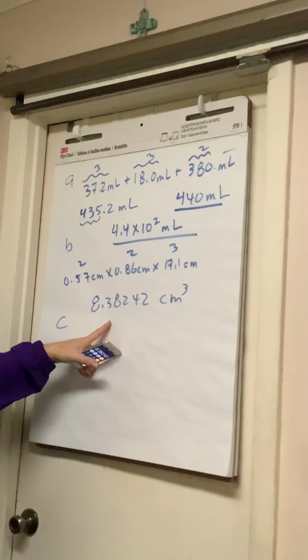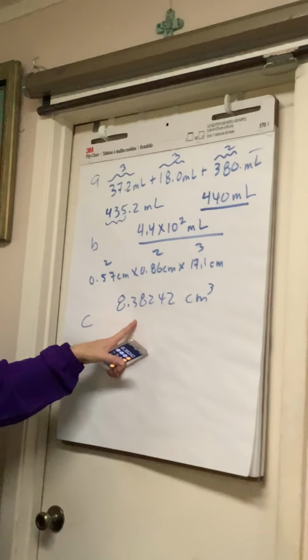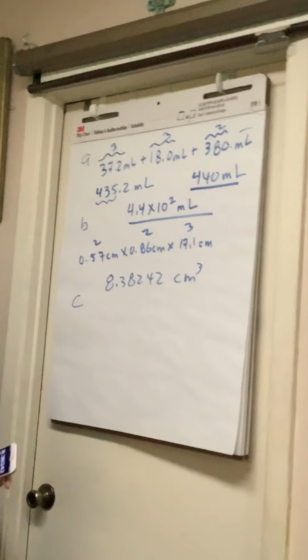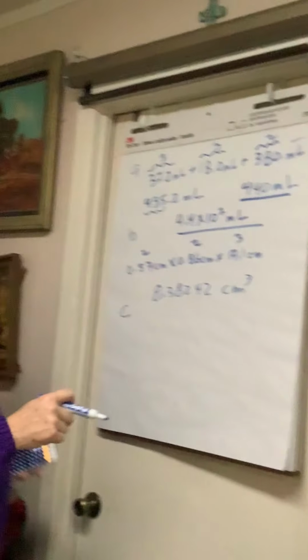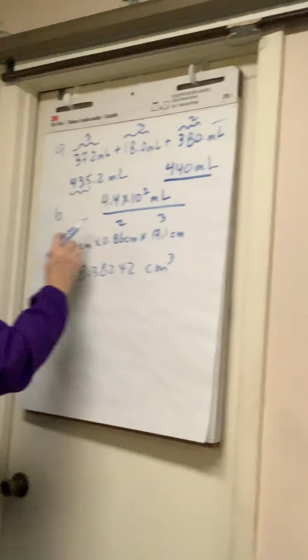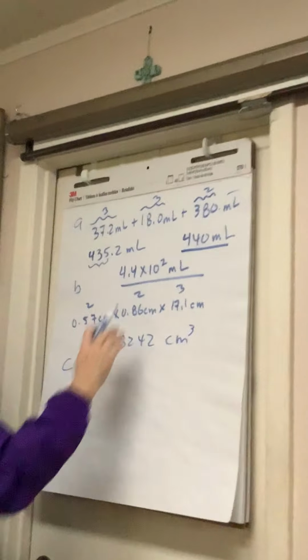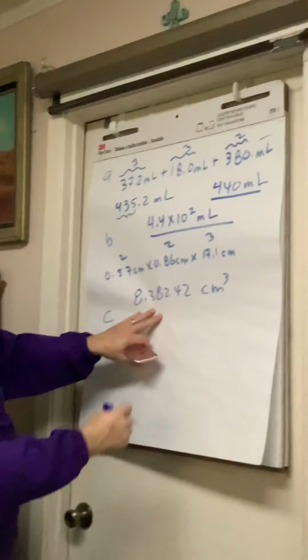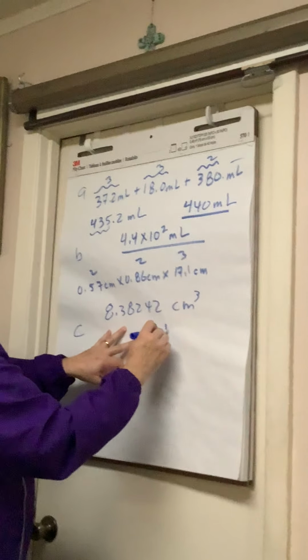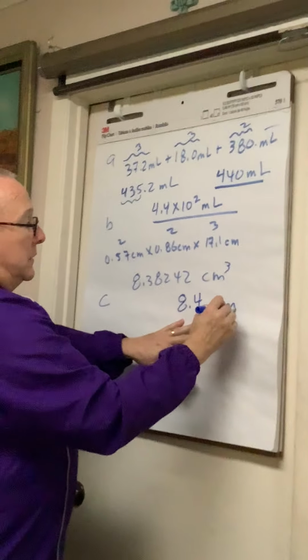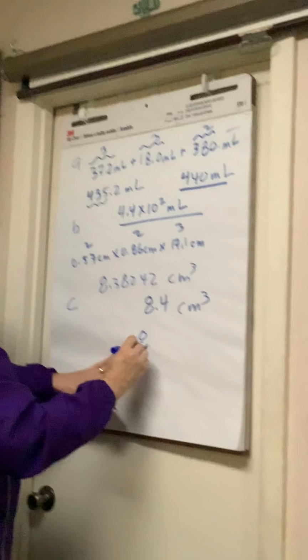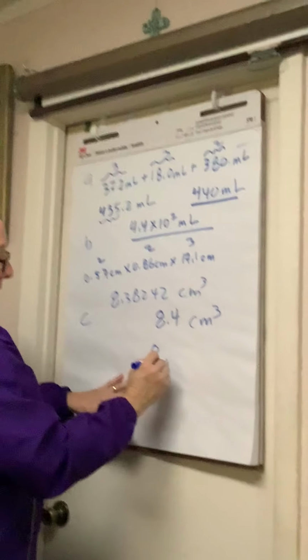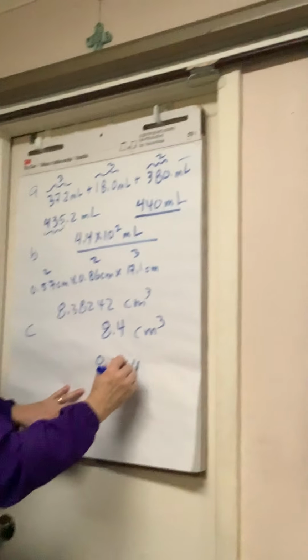This is what chemistry teachers and physics teachers call calculator vomit. Don't trust your calculator. Trust this. I can only have 2 significant figures, so this becomes 8.4 centimeters cubed. If you want to put that into scientific notation, it would be 8.4 times 10 to the 0.